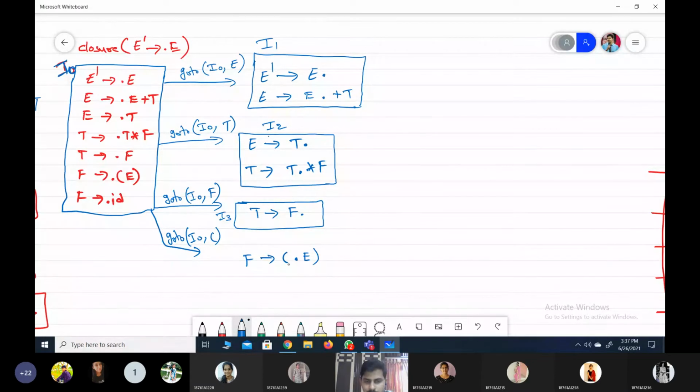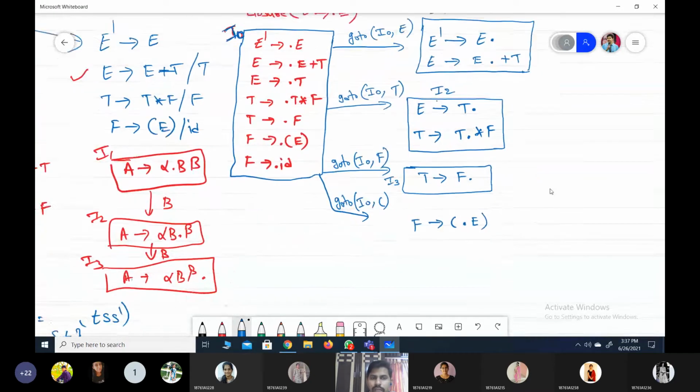And if you observe after the dot, what will happen? The non-terminal E is observed. If you observe a non-terminal immediately after the dot, cross-check that non-terminal's replaceable productions in the augmented grammar.